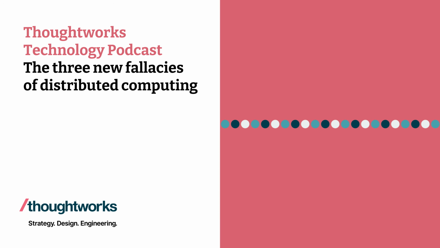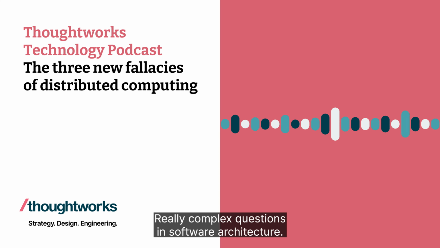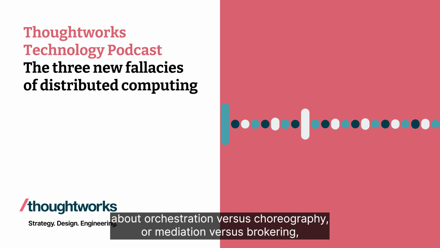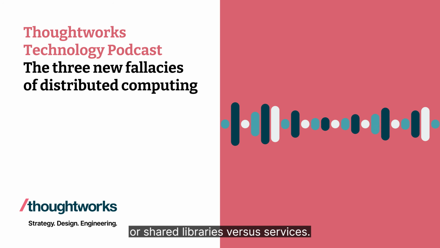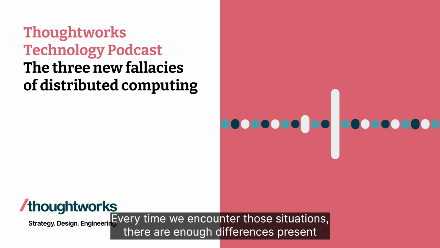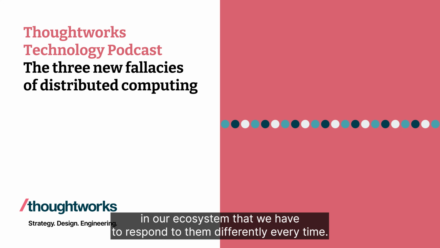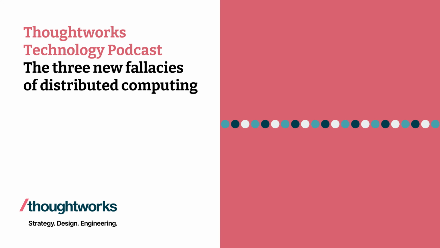So for really complex questions in software architecture, it would be nice if we could make one decision about orchestration versus choreography, or mediation versus brokering, or shared libraries versus services. But every time we encounter those situations, there are enough differences in our ecosystem that we have to respond to them differently every time.